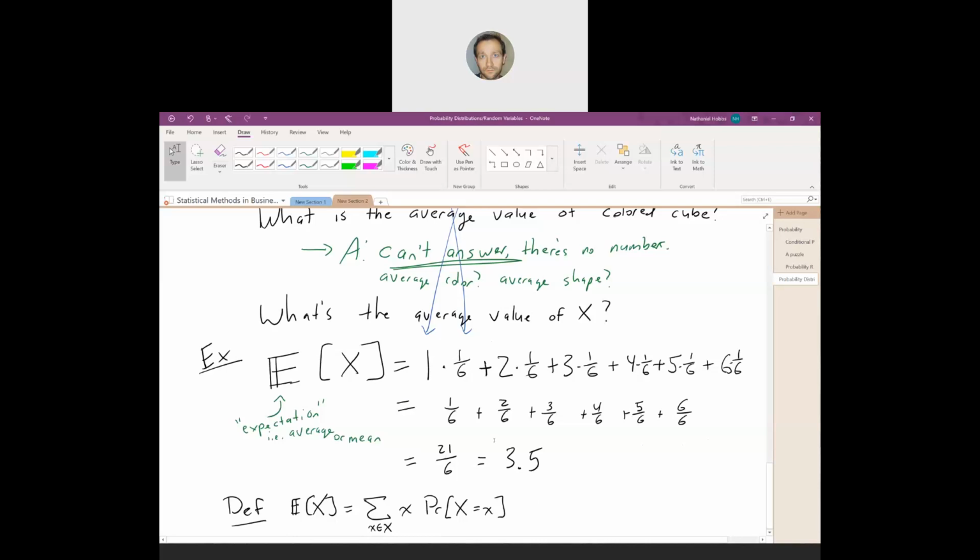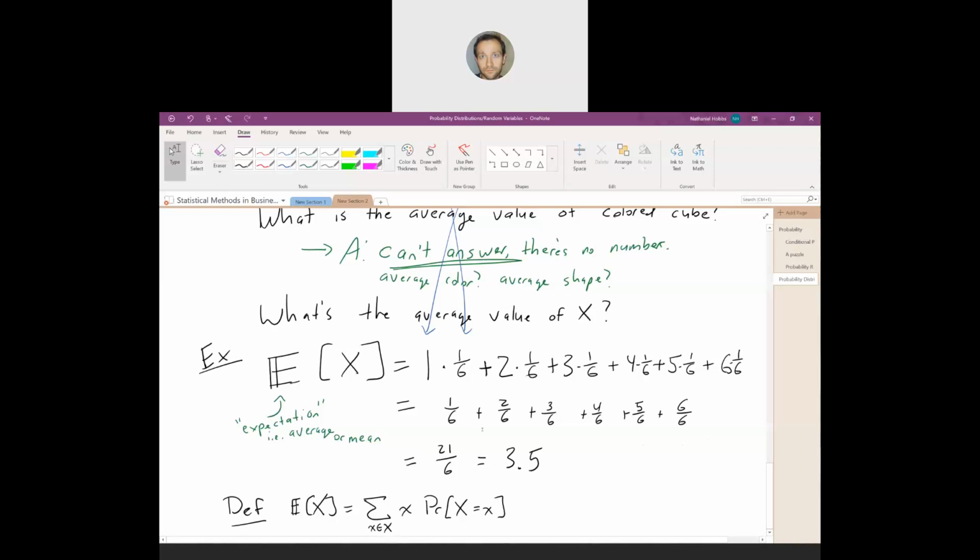Another thing to notice about a random variable or a probability distribution is that the expected value does not have to be an outcome of the random variable.